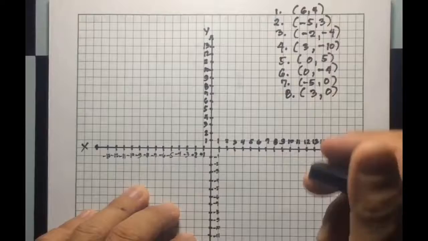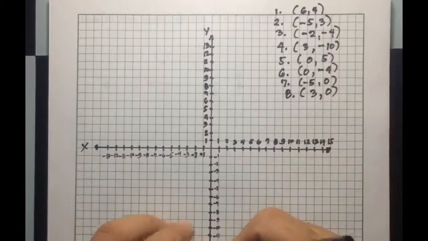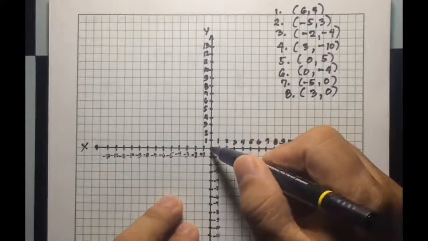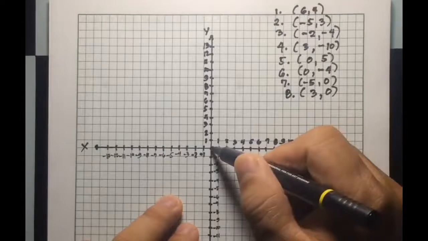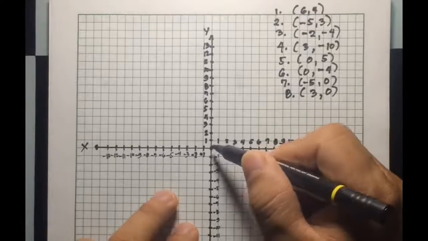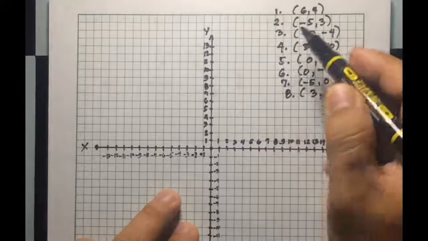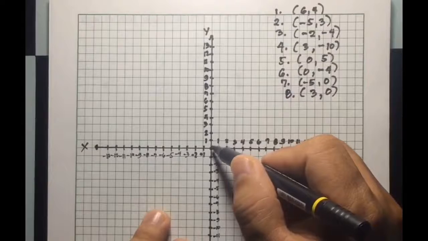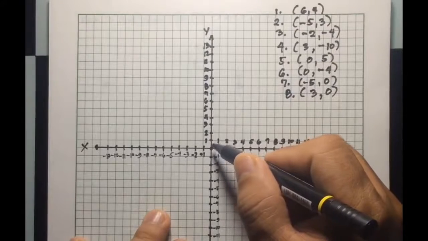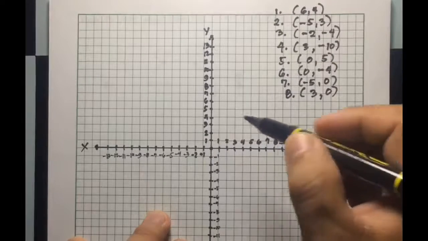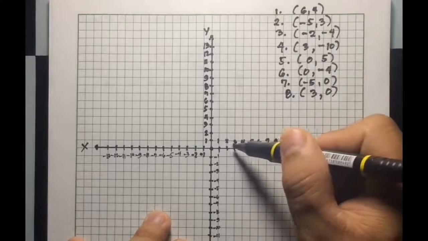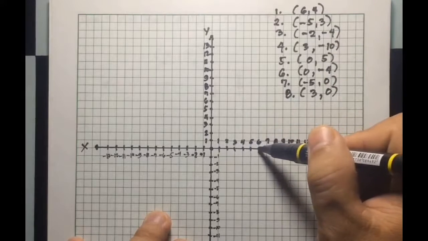So let's have number 1. Number 1 is 6, 4. So the starting point is the point of origin, this one in here. x here is 6. So x is positive, so you're going to move towards the right. This is 6, so we're going to move 6 units: 1, 2, 3, 4, 5, 6.